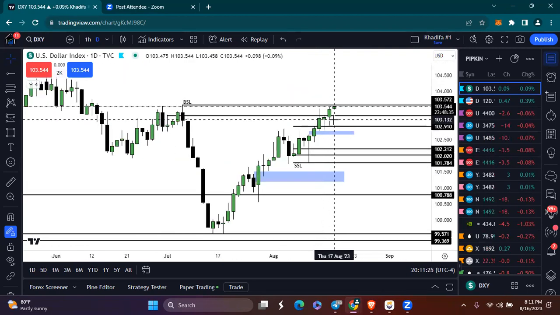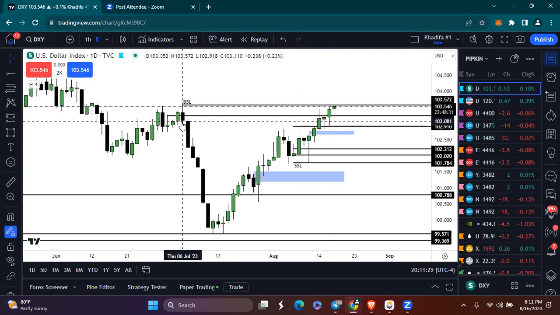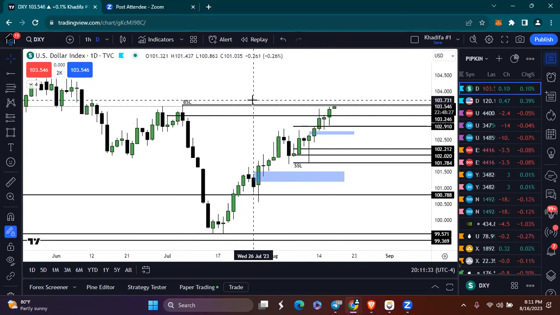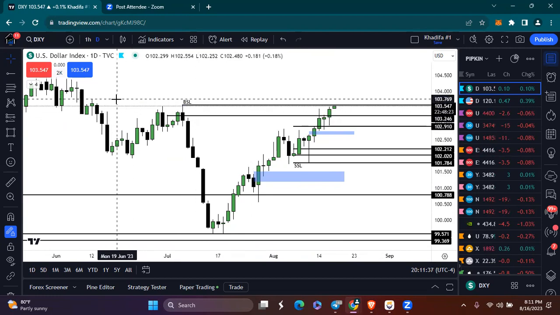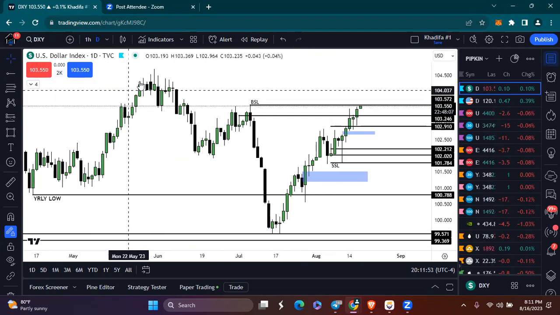So I am expecting the dollar to go ahead and run this buy side liquidity from July the 6th. And we do have jobs numbers, unemployment numbers, tomorrow. So I'm thinking it may be that high impacting news driver that pushes us up to run this next buy side liquidity at 103.756, right?